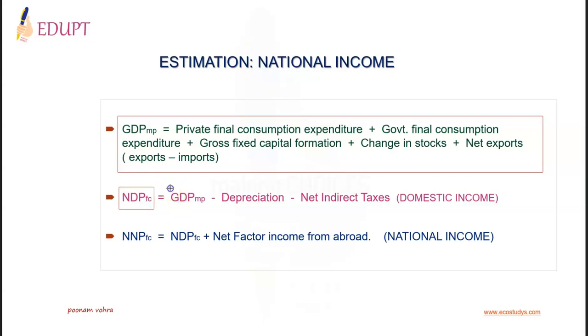Hence, GDP at market price minus depreciation minus net indirect taxes gives domestic income, and to domestic income, net factor income earned from abroad gets added to get national income or NNP at factor cost.